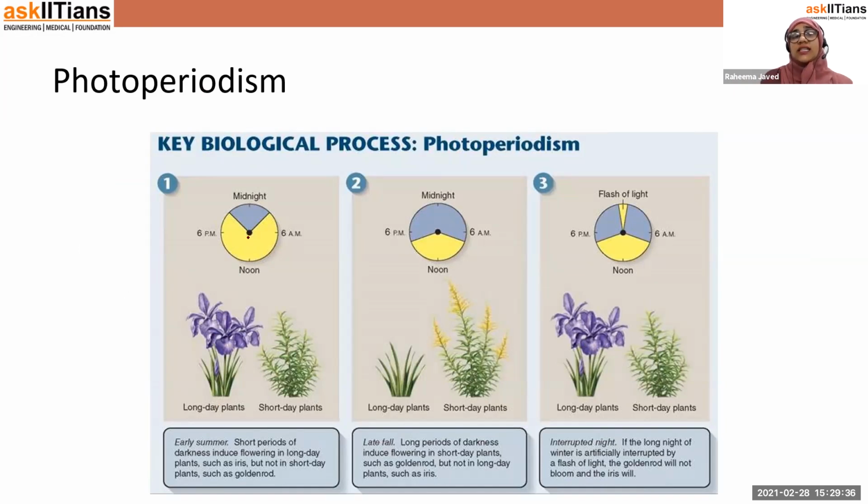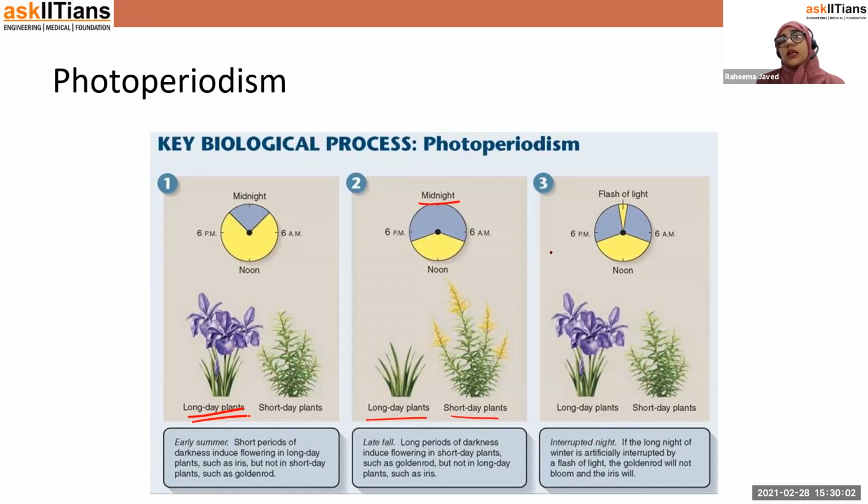You can see the short day plants have not grown, but the long day plants are showing the growth. Now in the second example, from 6 p.m. to 6 a.m., the dark period is of around 12 hours. And you can see the long day plants have not flowered, but the short day plants have flowered.